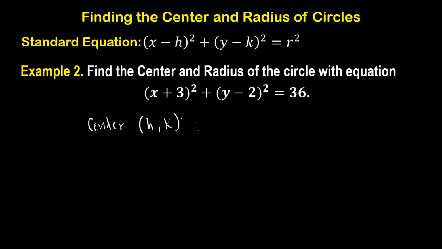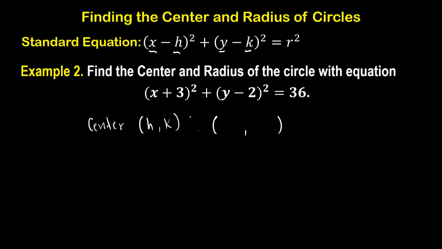Always remember that your h is always paired with the x variable and your k is always paired with the y variable. So to find the values of h and k, you need to find the coordinates that correspond to them.